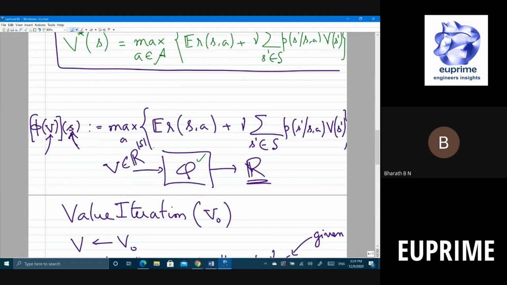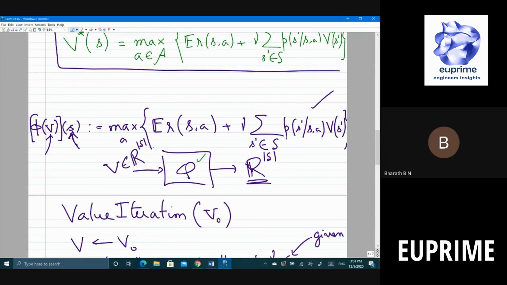Strictly speaking, it should be R to the power S, even here. For each s, phi of v of s is a number. You take different s, you will get different numbers. So phi of v will give me a vector of size cardinality of S. You can think of this definition of phi as element-wise.